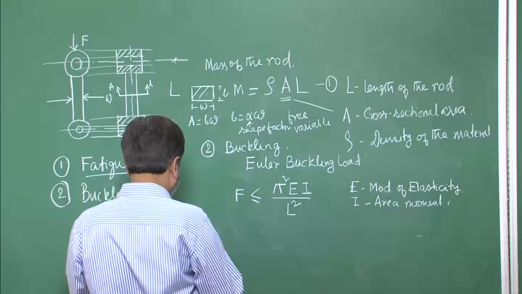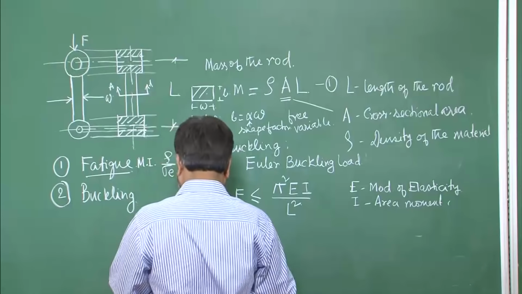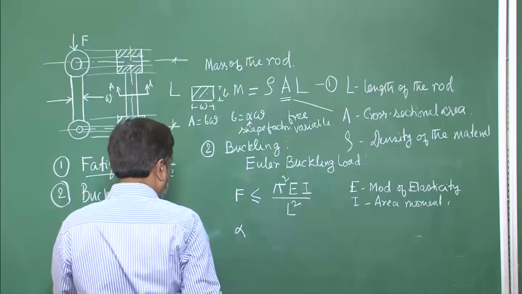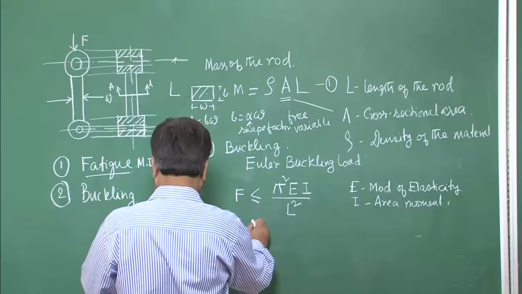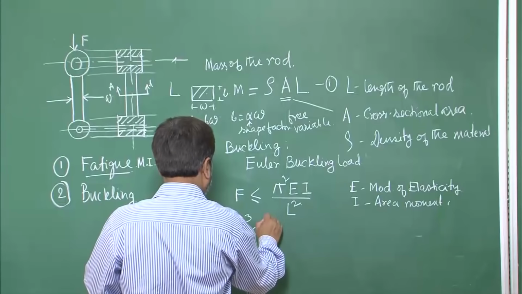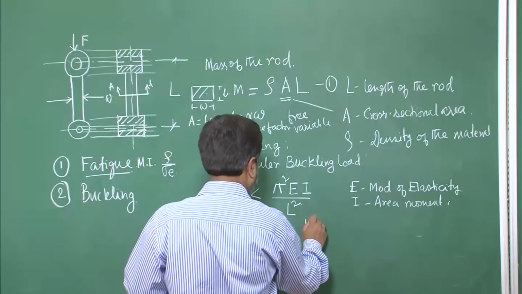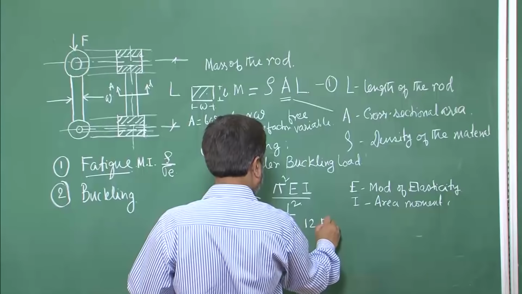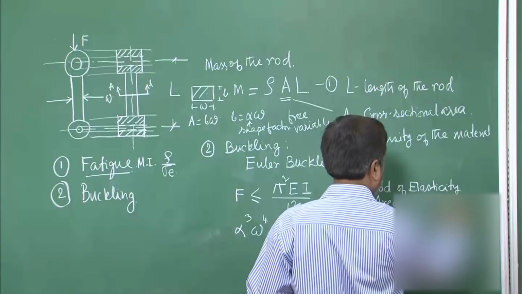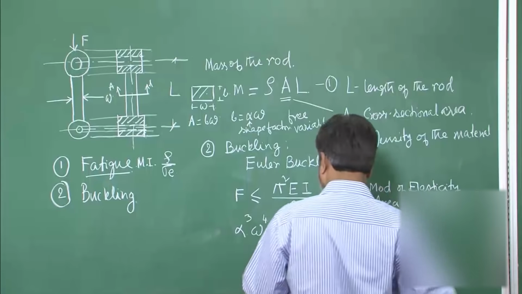Then we can write it down in terms of W. If we use these expressions in this equation, it will come out as alpha cube W to the power 4 equals 12 F L square. In this case, I is 1/12 B W cube.